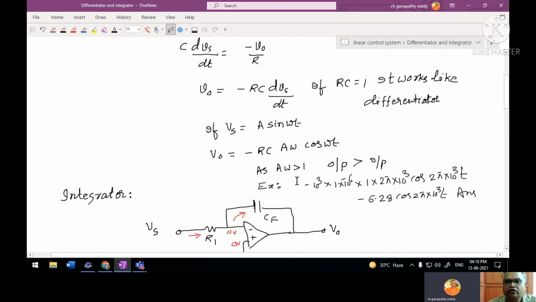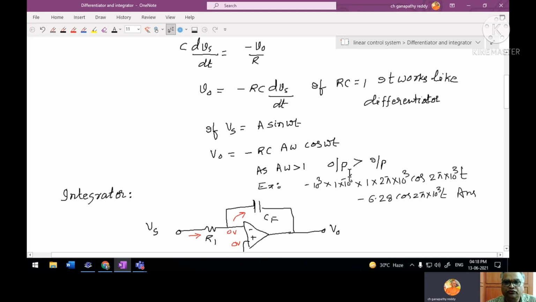I am taking R equal to 1K, C equal to 1 microfarad, input voltage amplitude is 1, and omega will be 2 pi into 1K frequency selected. This product simplifies to minus 6.28 cos omega t. So when input amplitude is 1 volt, output will be about 6 times more.